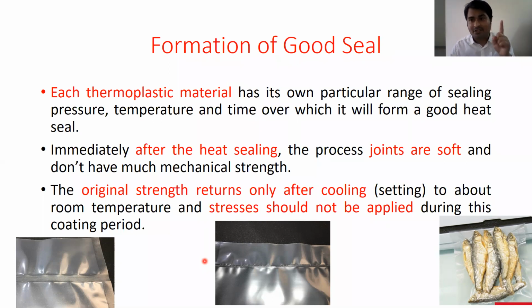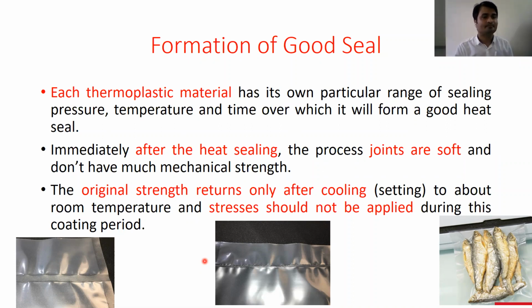Everyone has specific properties, the melting point of each is not the same, whether it is polyethylene, polypropylene, or any other packaging material, the melting points vary. That's why if the film we are using for packaging is made up of the same compound, then it can form a good seal, with the application of the other factors: temperature, pressure, and the dwell time.